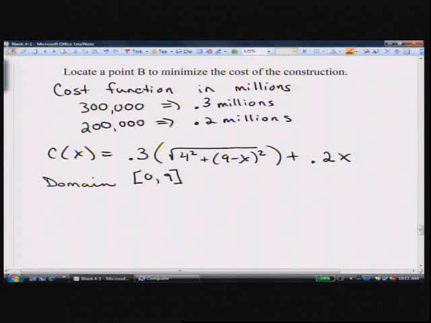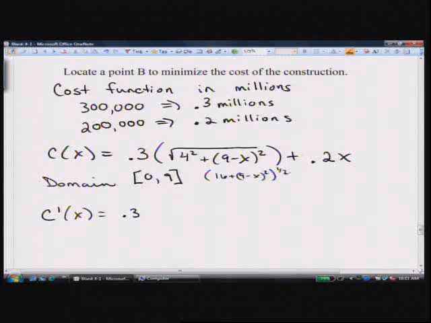Okay. All right, so let's clean this up a little bit. This will be fun. We need to find the derivative, C prime of X. All right. This constant out front just tags along, 0.3. You can think of this as 16 plus 9 minus X quantity squared to the 1/2 power.